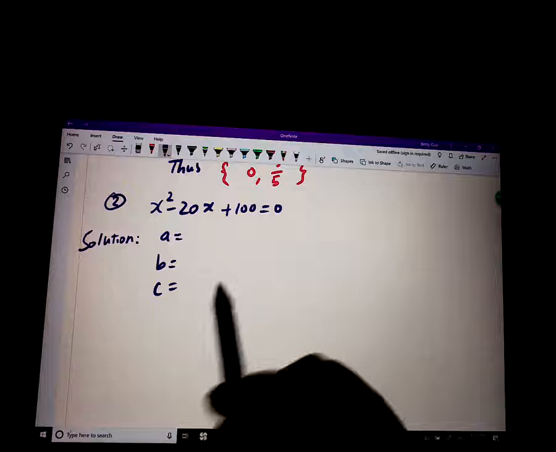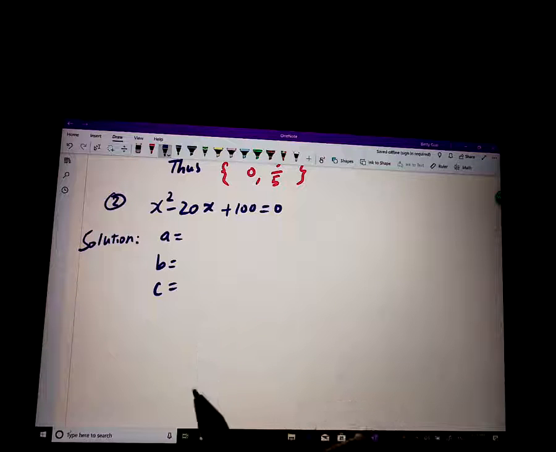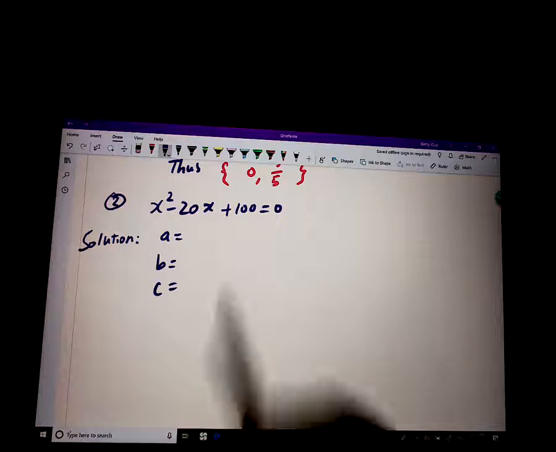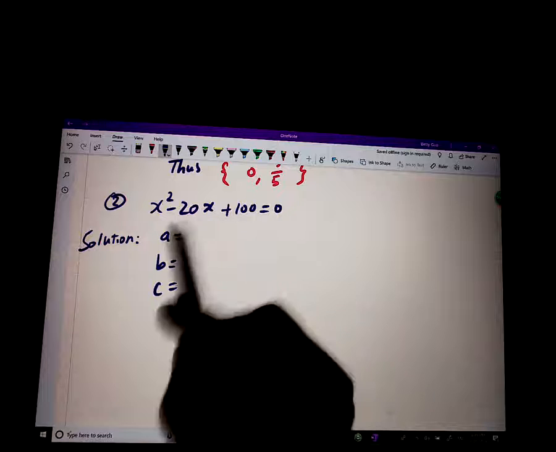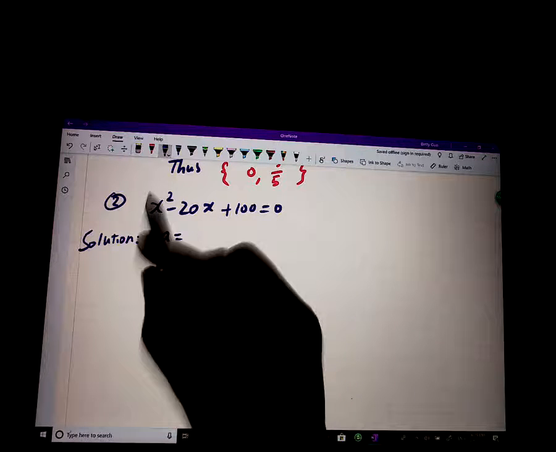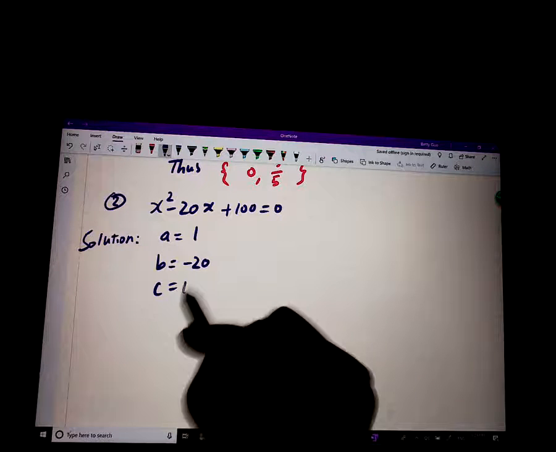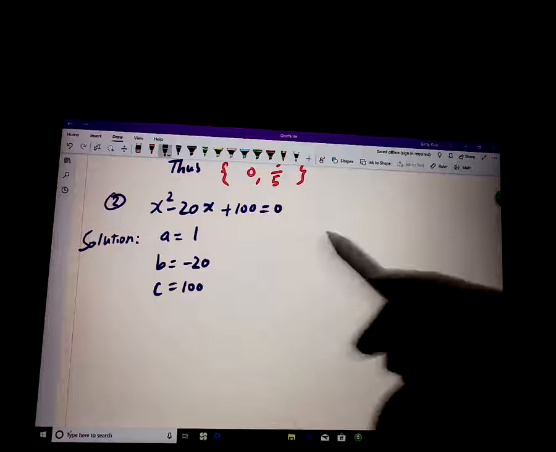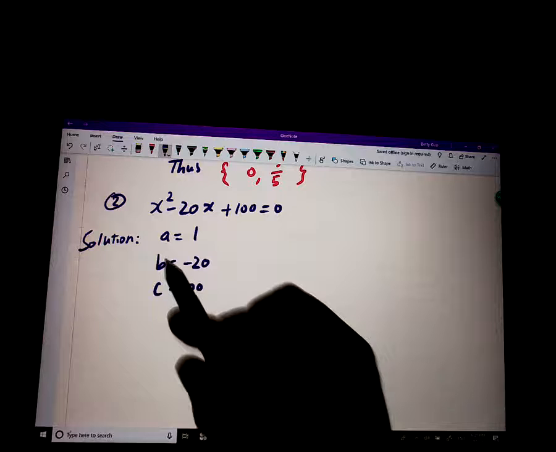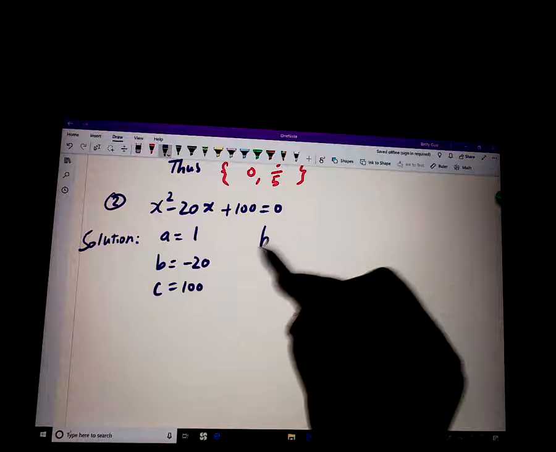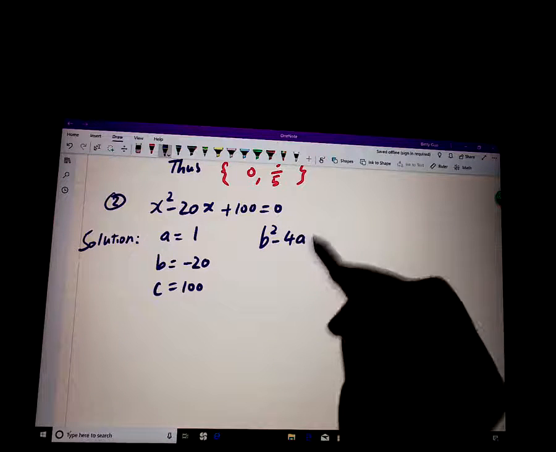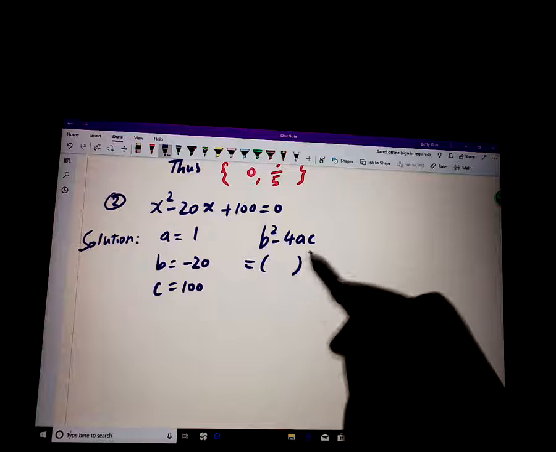In chapter 6, when we talked about the factorization of quadratic trinomials, we have this covered. Leading coefficient A is 1, B is negative 20, C is 100. Why do we need to identify A, B, C? Because we want to know the value of the discriminant, right?